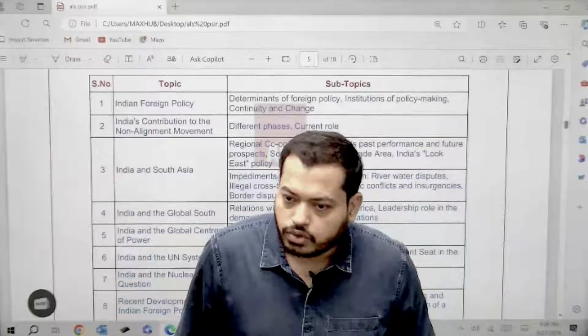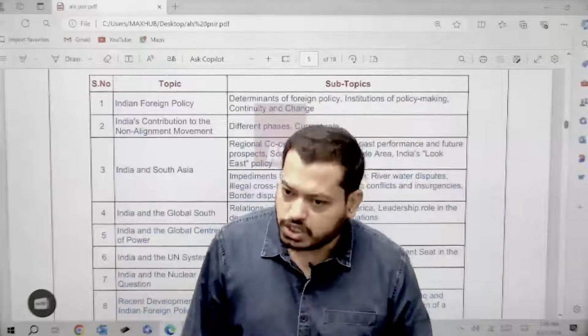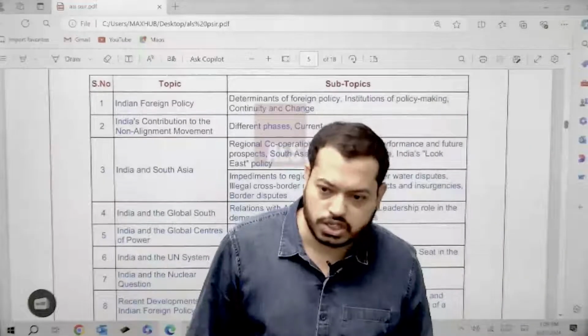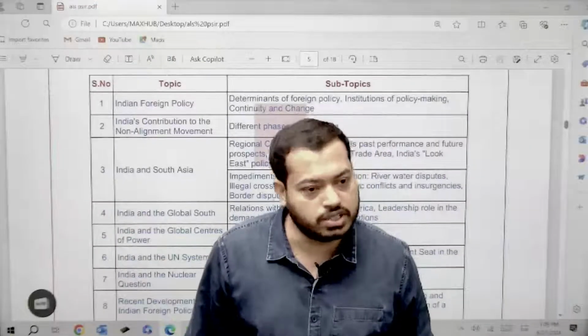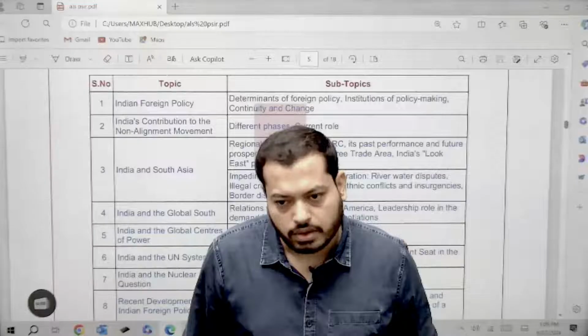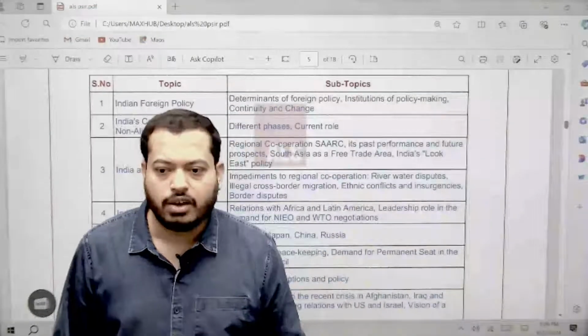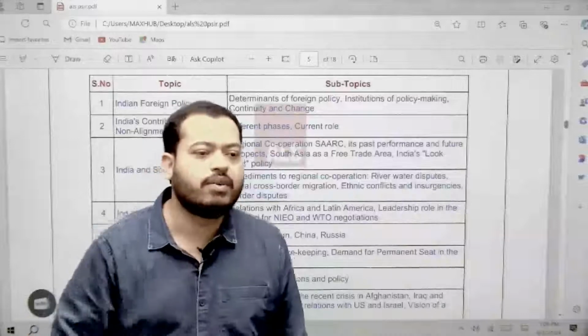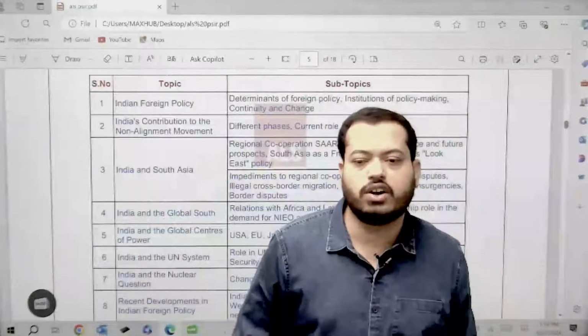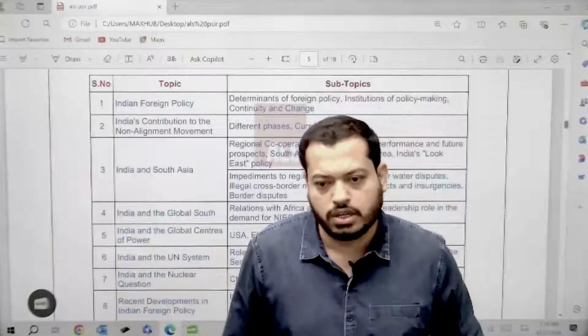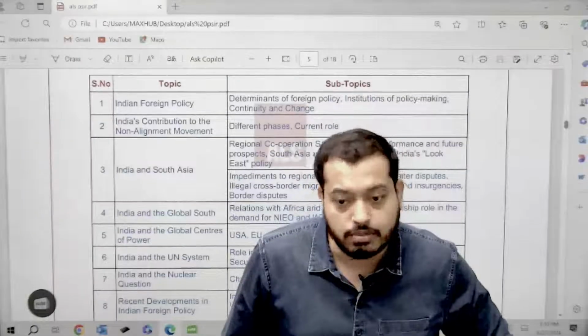Their stance towards Cuba changed, towards Russia changed, towards the Ukraine-Russia war changed. So there are countries like the US and UK where, with the party in power, the foreign policy agenda of the state also changes. But that is not the case in India, mostly.